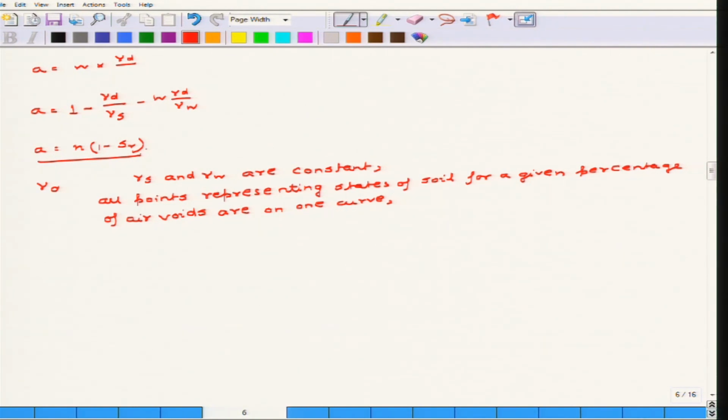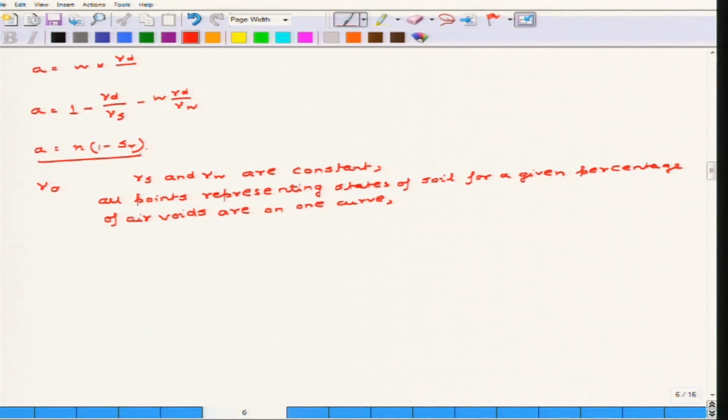Now, this curve is said to connect the points of equal degree of saturation. So, all these points represent states of soil for a given percentage of air voids and are on a curve that connects equal degree of saturation.